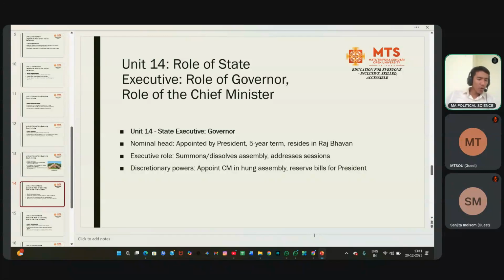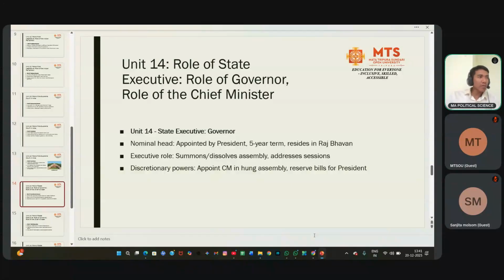What are the roles of the governor? Executive: summons, dissolves the assembly, addresses sessions. The governor can call the assembly to function, like summons to start, to call for a meeting. He can also dissolve, declaring that the session has dissolved. He has the power to dissolve the assembly.